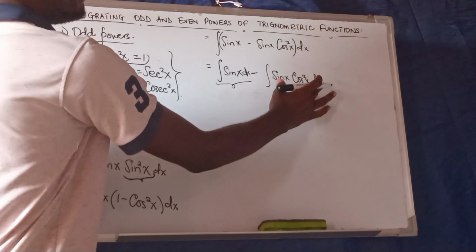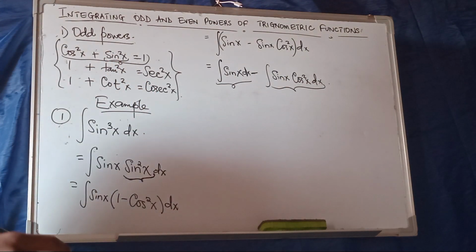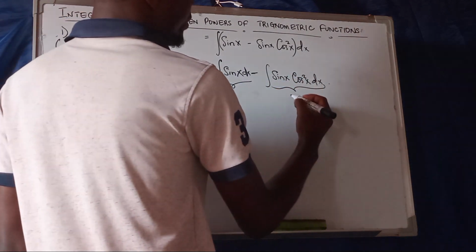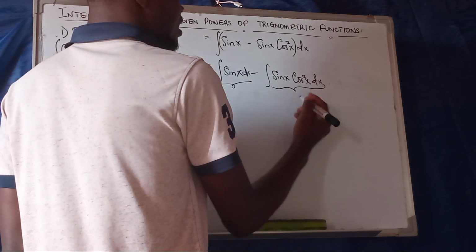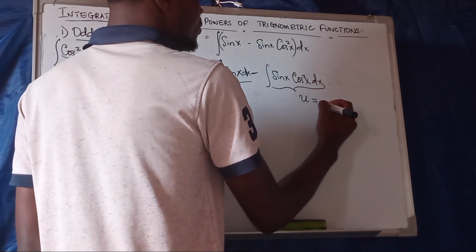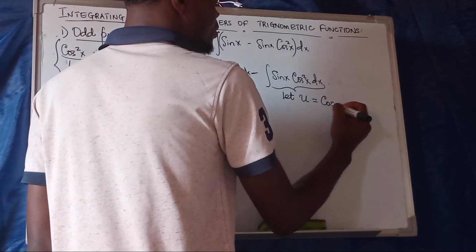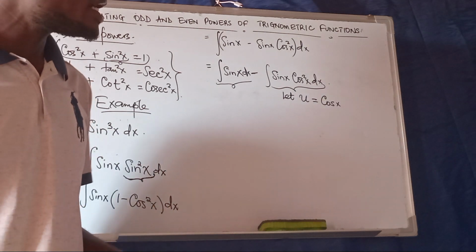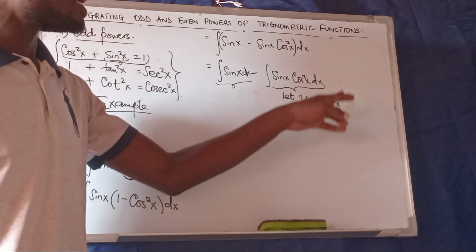So the point of emphasis is on this integral. When we see such an integral, we use the substitution. Substitution how? Let u equal cos x, because I know when I differentiate u, I'll get sine x.